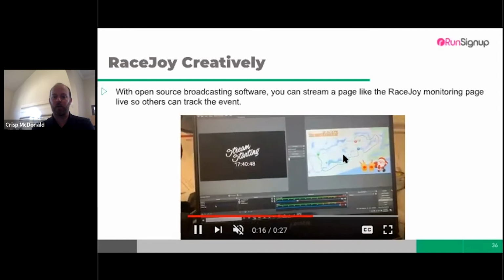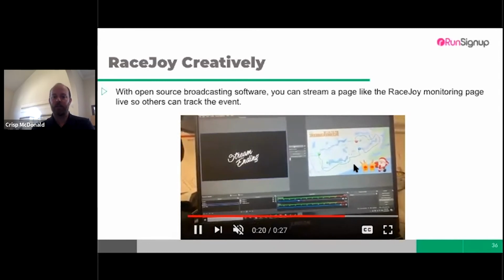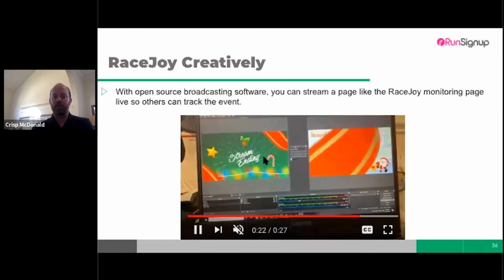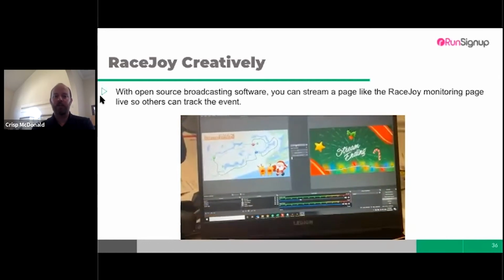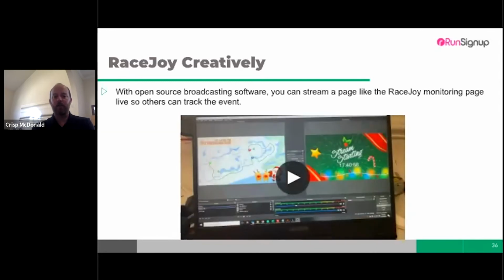And so here's RaceJoy with snowflakes falling and their logo and some funny little Santa things. You can load in custom transitions, so when you're all done, it can wrap up and say the stream's ending. So again, it's different ways for you guys to engage with athletes. You don't necessarily always have to put on races. You can do other fun stuff with it, and just connect with the community. I'm sure you could track leprechauns and the Easter Bunny and things like that if you really wanted to.